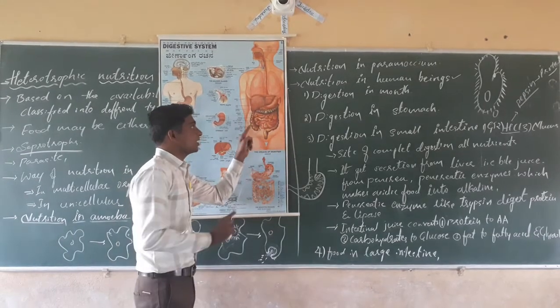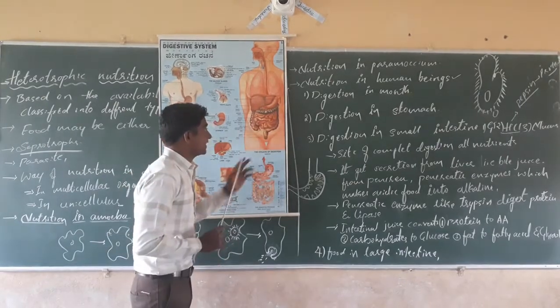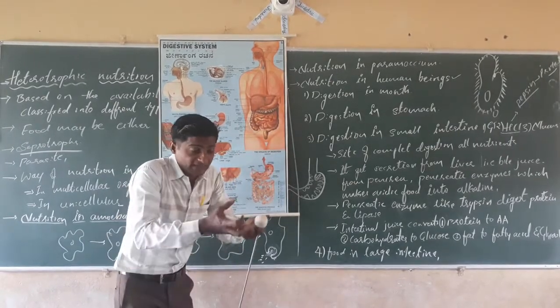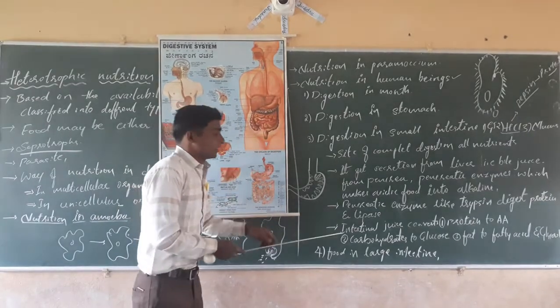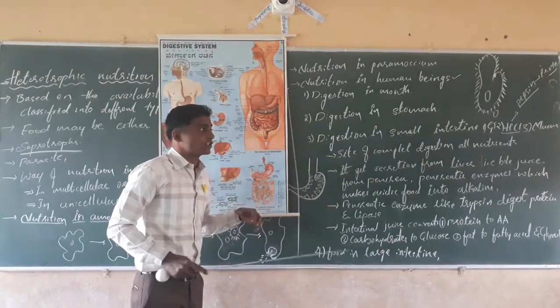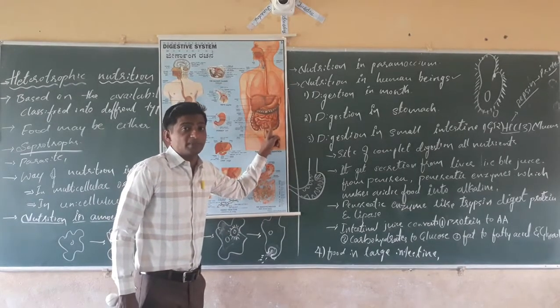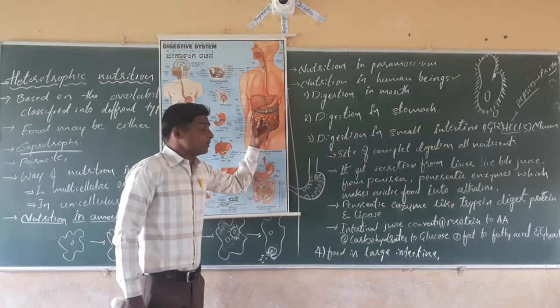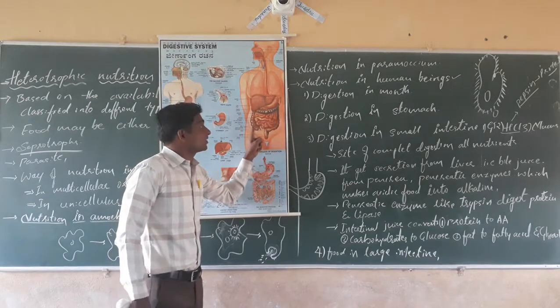Before we move on, one more point I left here. In the small intestine, what happens? It is connected with the blood vessels. Whatever food gets digested, complete digestion of carbohydrates, proteins, lipids and fats takes place, and that will be absorbed. The nutrient absorption takes place in the small intestine.